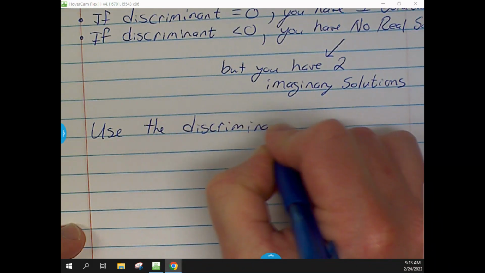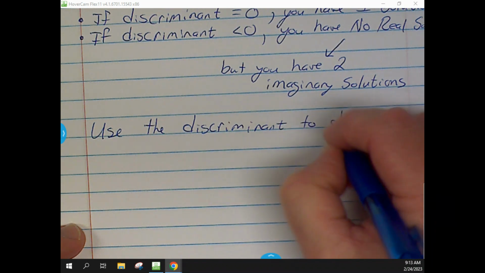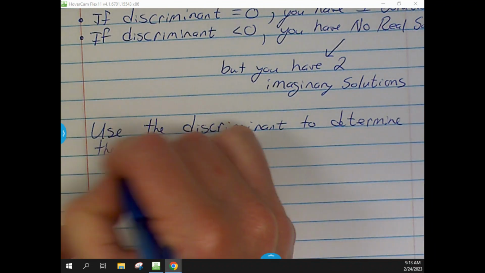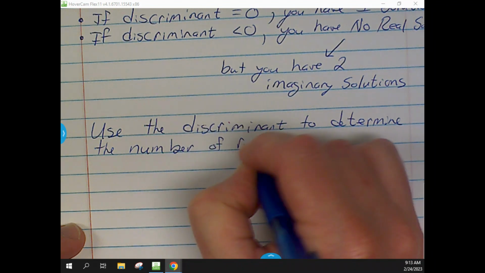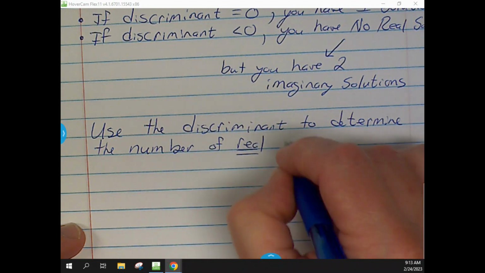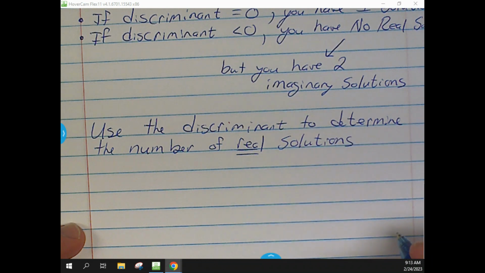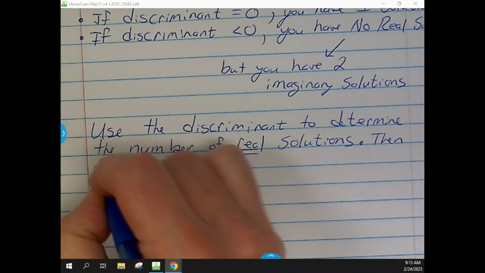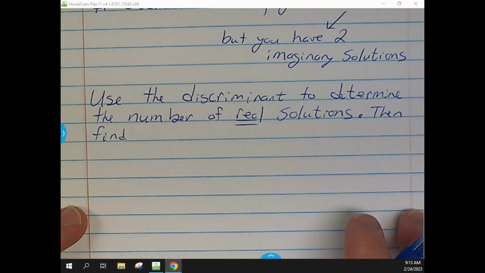All right, so we're going to use the discriminant to determine the number of real solutions, and then after we figure out how many solutions we're looking for, then we're going to find those solutions.